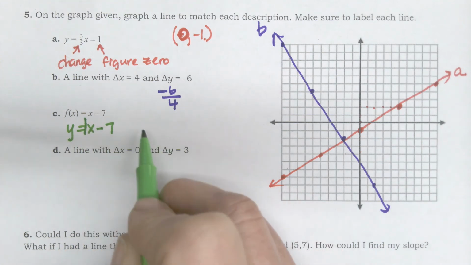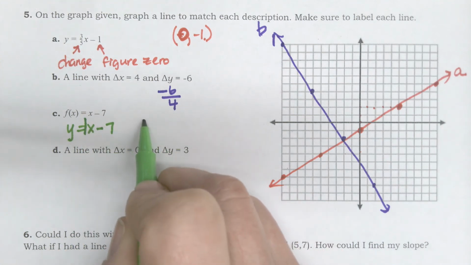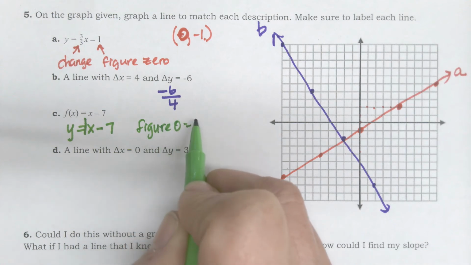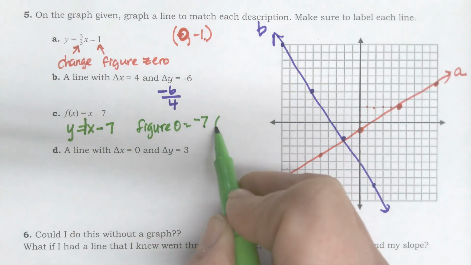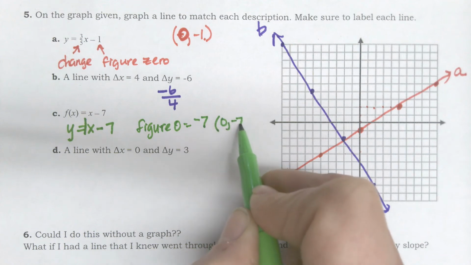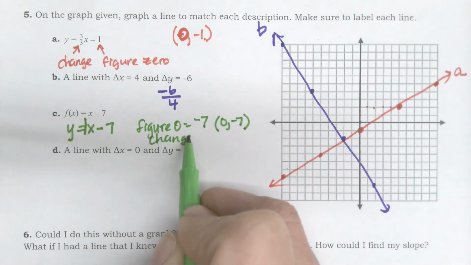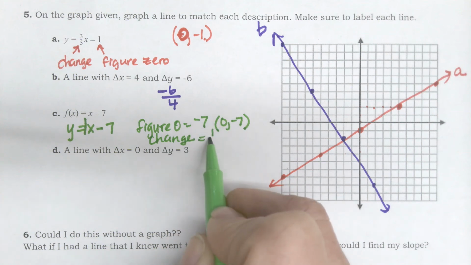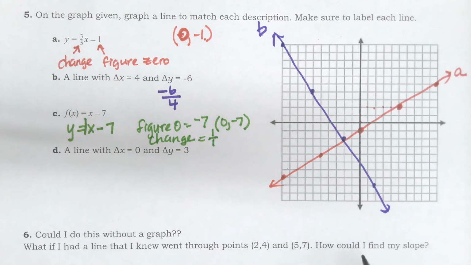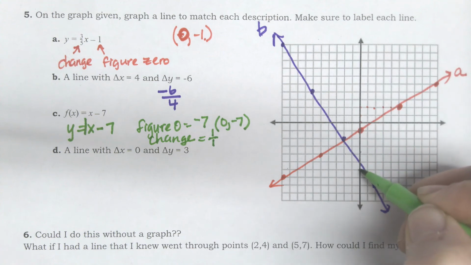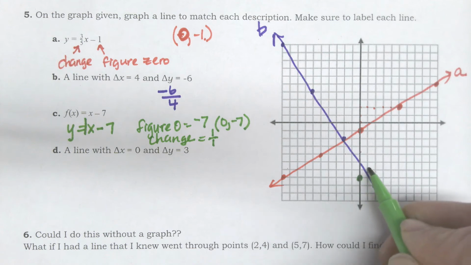I think of this as figure 0 is -7. That's equated with the point 0, -7. And the change is I move up 1 for every 1 I move over. So I'll start at 1, 2, 3, 4, 5, 6, 7 below the axis, that's -7, and then up 1 over 1.